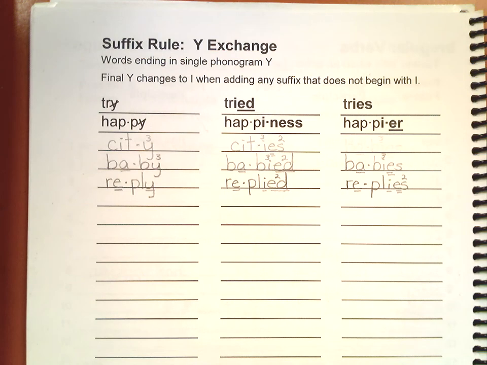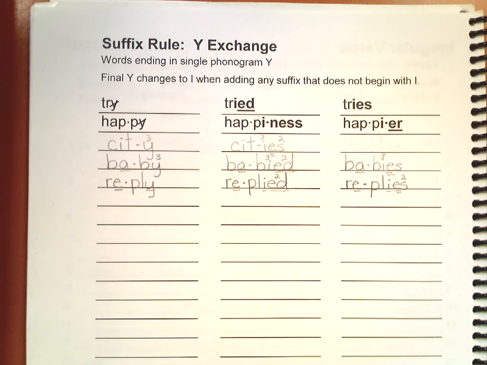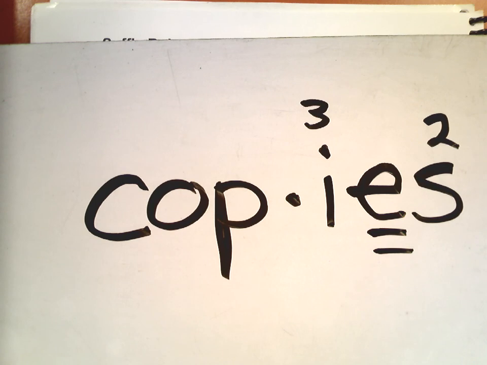All right, but remember, whenever we're doing the Y exchange and we're adding an S to the end, can we add just S? If we look at some of our other words we have here, we know we can't add just S. What do we add before the S? All right, we add silent E and then our S. So go ahead and do that, and then mark your word. And let's check it. All right, make sure yours looks like this. You've got all those markings.